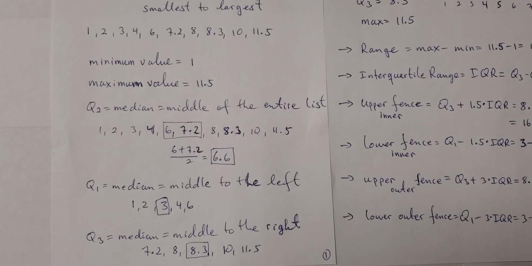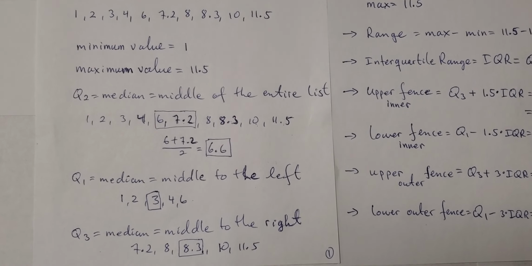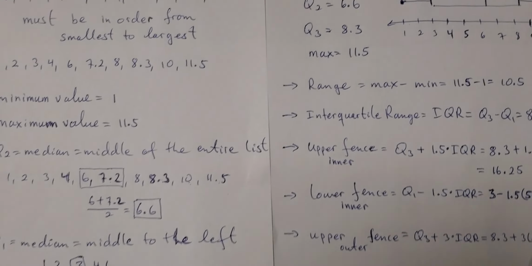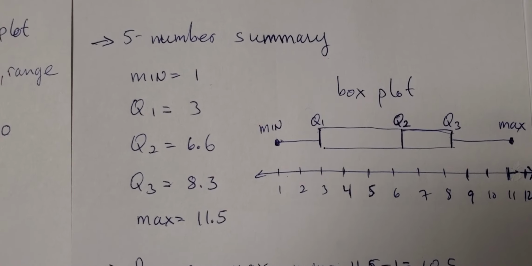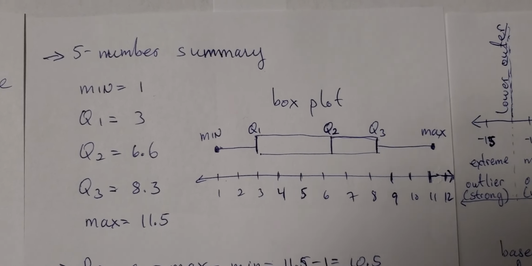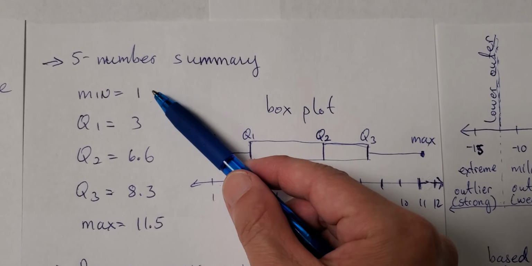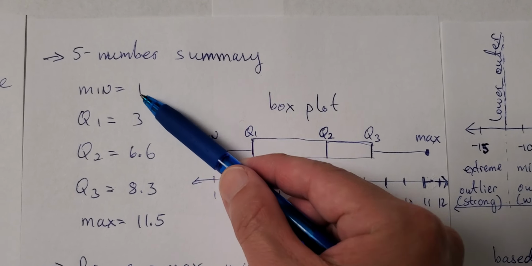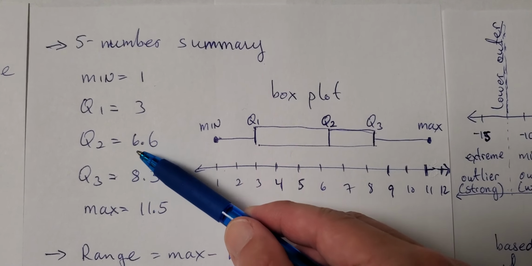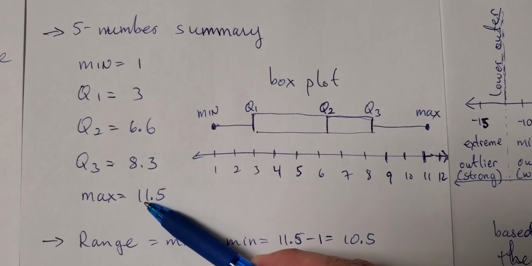Now let's use this 5-number summary to make a box plot. So I'm going to go over here. Here is my 5-number summary. Make sure you write them in order: minimum, Q1, Q2, Q3, and maximum.